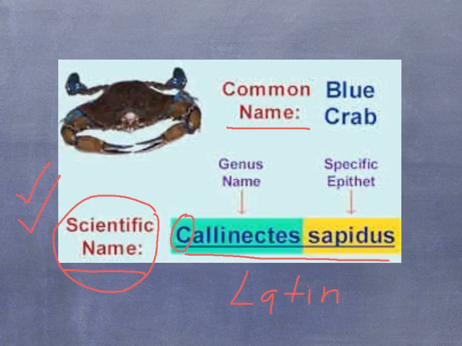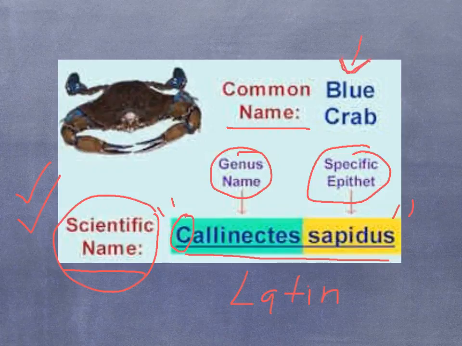It must be underlined or in quotation marks, and it will always be formed by two names, the genus and the specific epithet, which together form the scientific name. Now, common names, remember, change from country to country, so it will be a little bit difficult to talk about organisms when we're in different countries, besides using the scientific name.